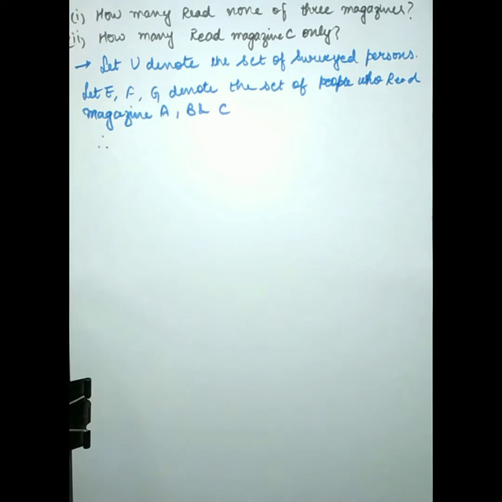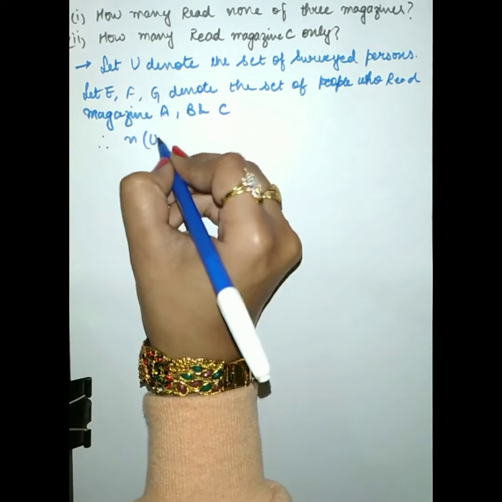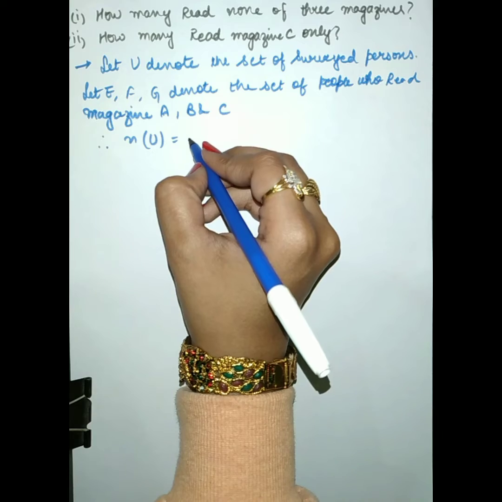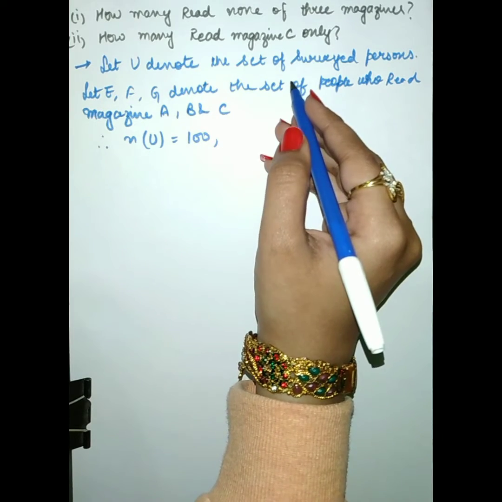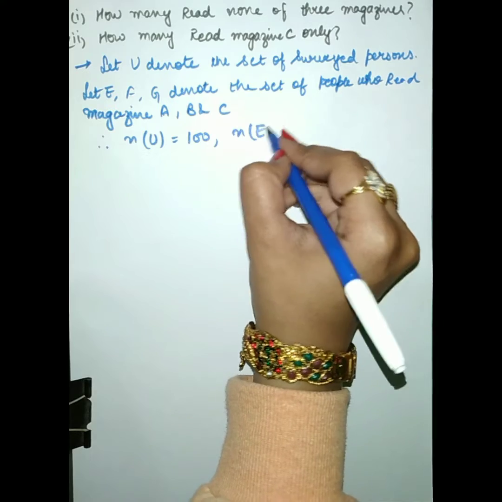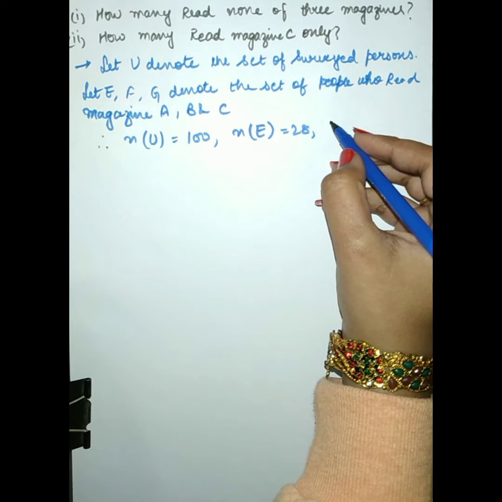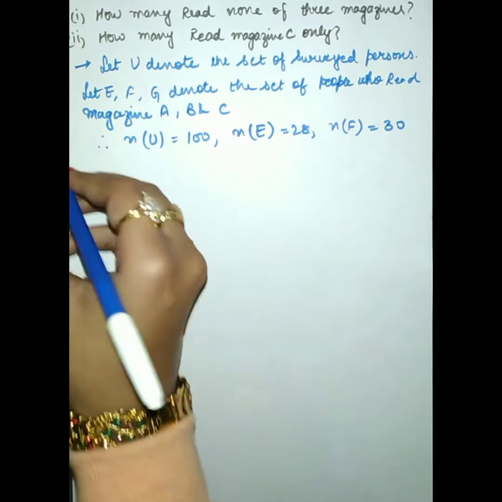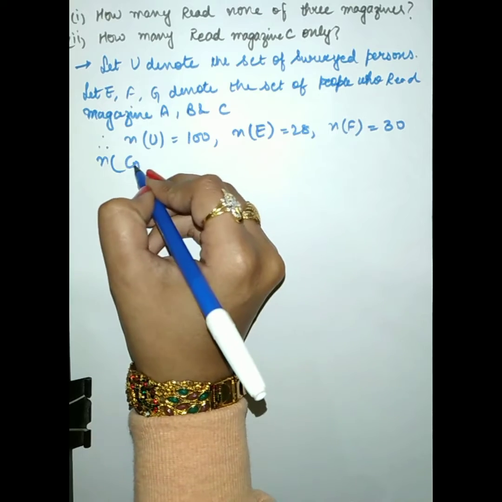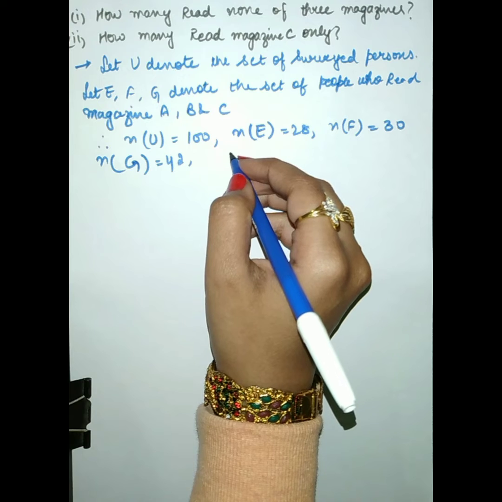Now we are given that there is a survey of 100, that means n(U) will be equal to 100, and those who read magazine A will be 28, that means n(E) will be equal to 28, and magazine B will be read by 30 and C will be read by 42.